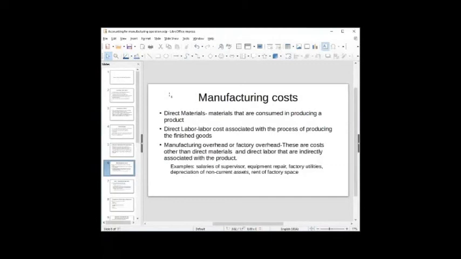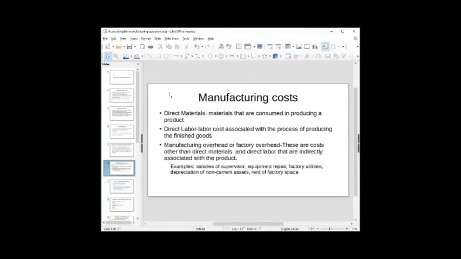And what if you are engaged in the manufacturing of a leather bag? Of course, your direct materials are the leather, the thread, the zipper, the snap. So these are the direct materials.